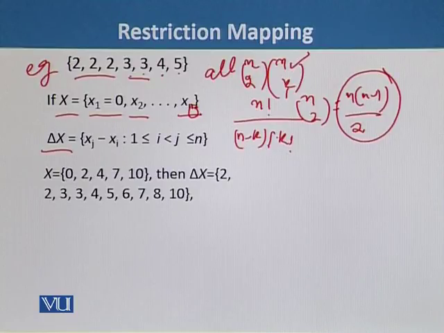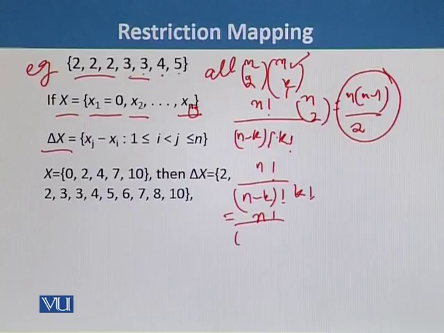So we can calculate this. For example, we have n factorial divided by n minus k factorial times k factorial. Then we can calculate n factorial over n minus 2 factorial times 2 factorial, because here the value of k is 2.